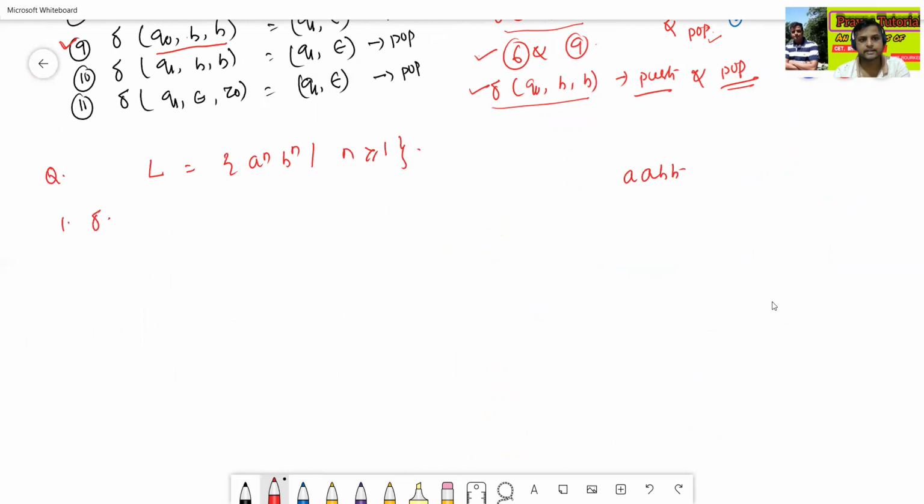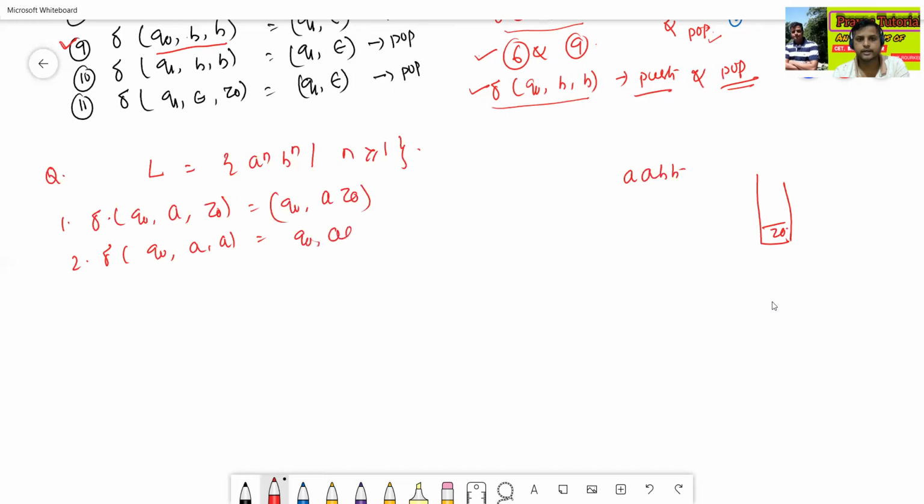So delta Q0 A Z0 goes to Q0 A Z0. Then the second one, delta Q0 AA equals Q0 AA. Here A means push. The third one, delta Q0 BA: here A is pushed, B will pop first.